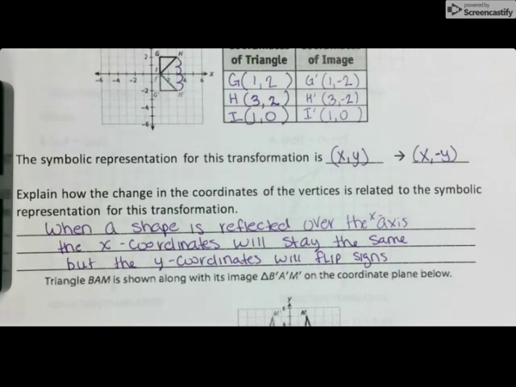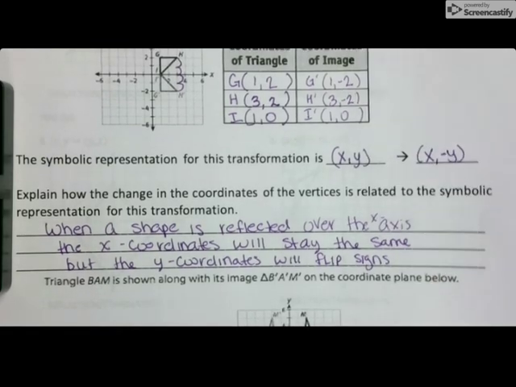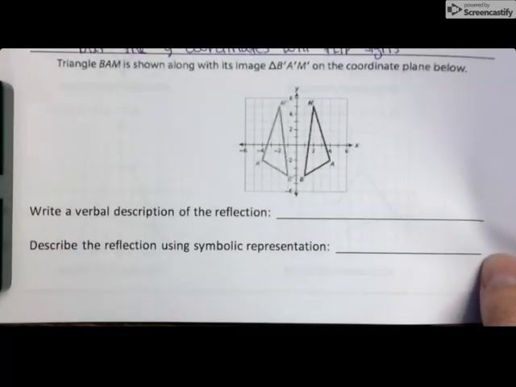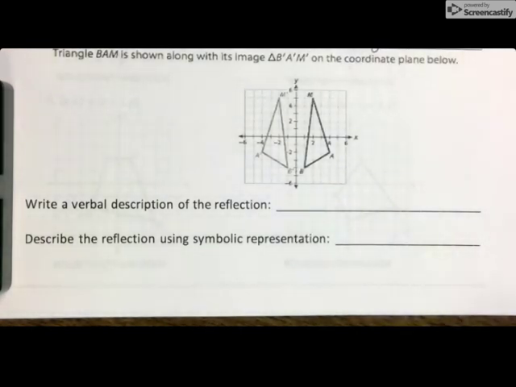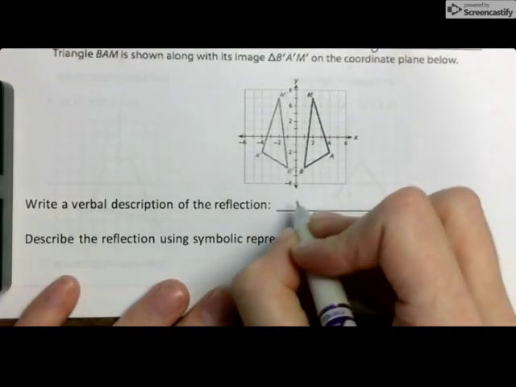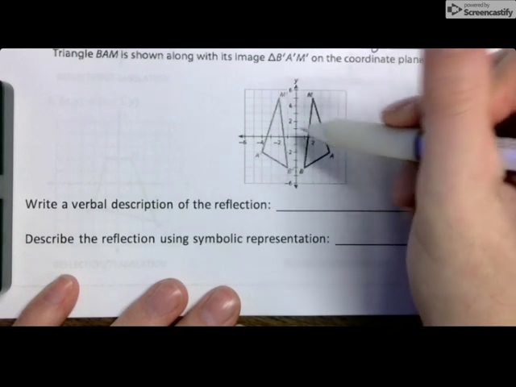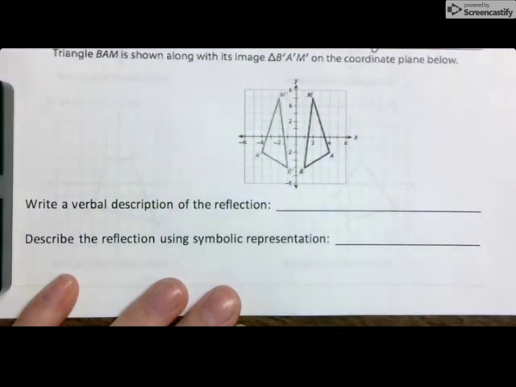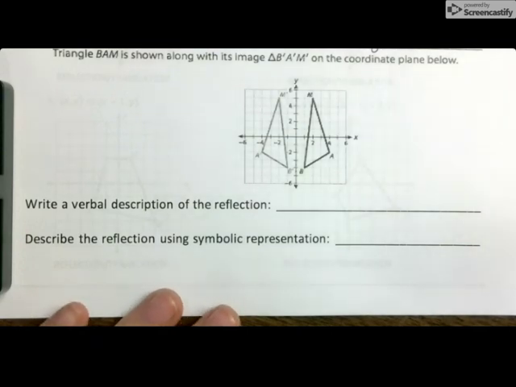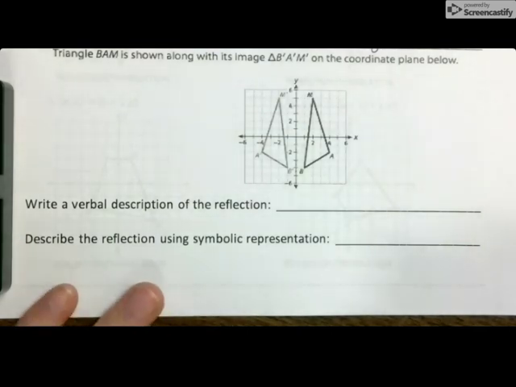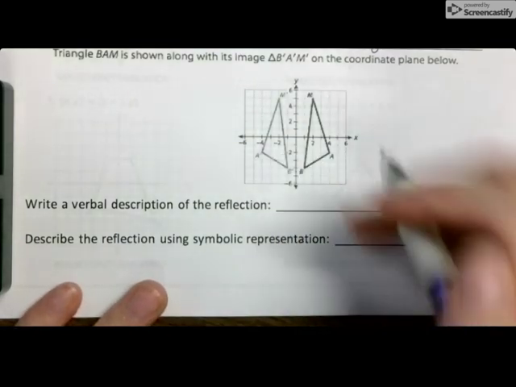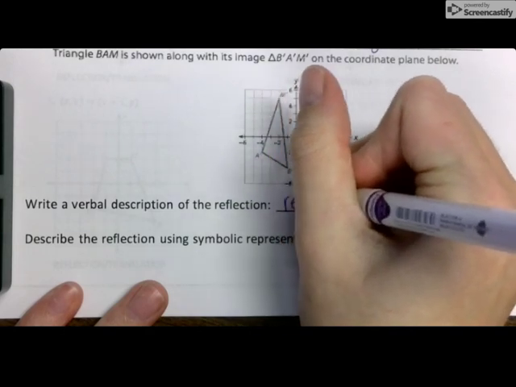Okay? Now for the bottom, we just talked about this, going from BAM to BAM prime. What happens from here to here? It's reflected. We know that. How is it reflected, though?